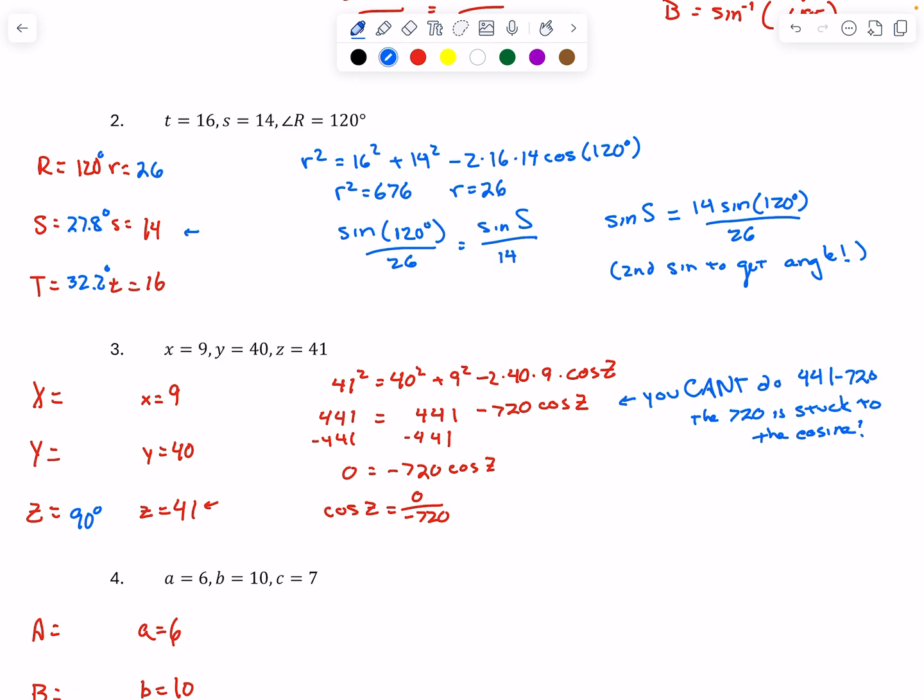So to get another angle, I'm going to do it this way because if you get in the habit of just doing it, you can do it all in one swell swoop. Don't forget there's a negative stuck to the 2 times 40 times 41.